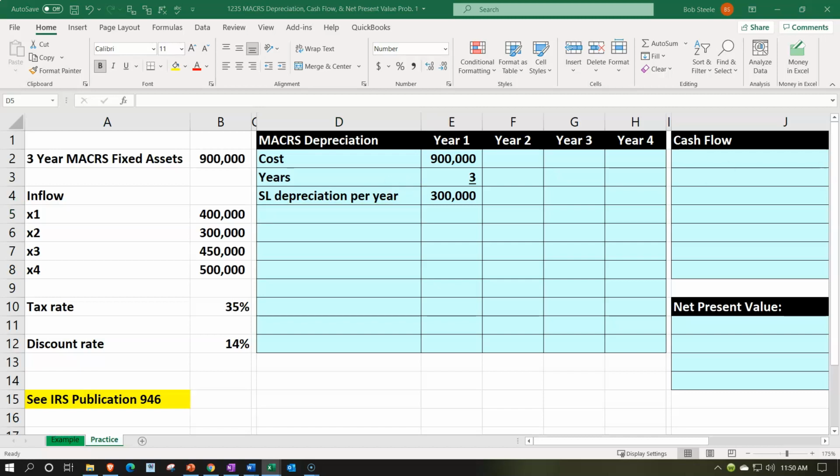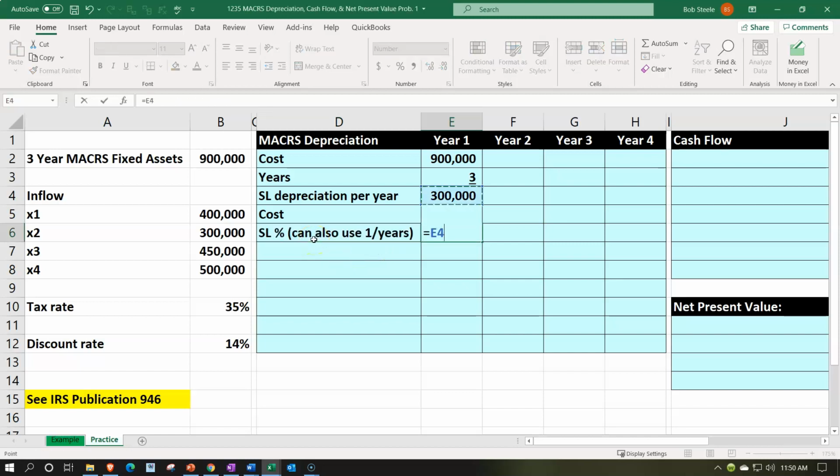Now, if I compare that to the cost, I can get what the straight line rate would be. So the cost was 900,000 again. Underline that. The straight line rate would then be equal to the 300,000 divided by the 900,000, in the numbers group as a percent, about 33.33%.